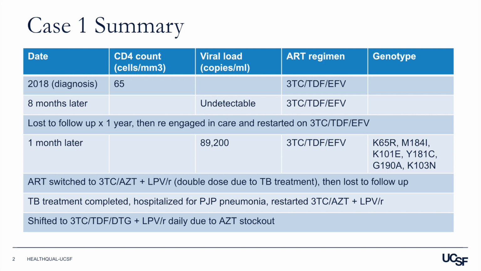And then he was restarted on therapy, but his viral load a month after restarting therapy was still 89,000, and he had a genotype which showed the following mutations, and we're going to go into these in depth. And that was when his ART was switched. So I'll just stop there, and we can move on to some questions, and we'll go stepwise through the case.